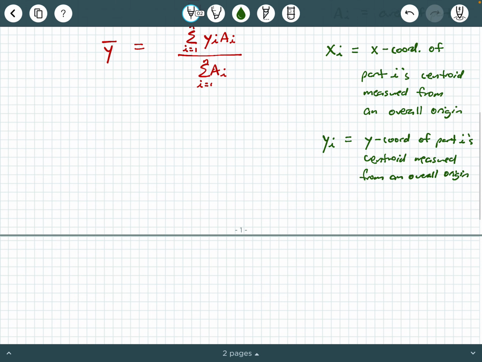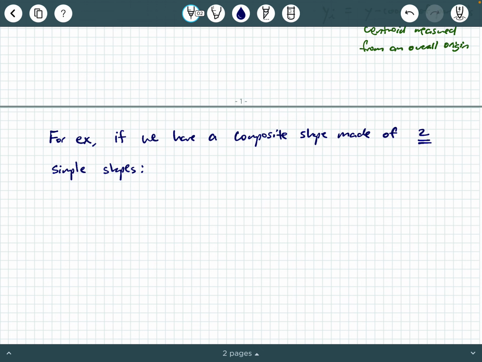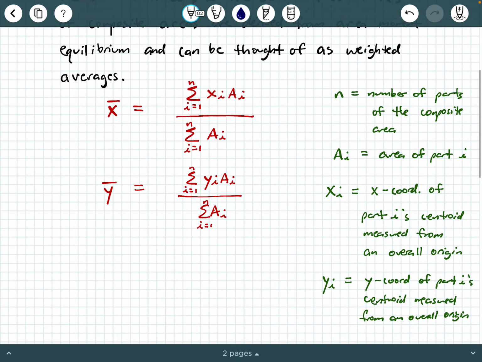We're not going to do a numerical example yet, but I'm going to give you a conceptual example. If we have a composite shape made of two simple shapes, what would our formulas be for x bar and y bar? Well, what we would do is take these bulky summation equations and break them down into their multiple parts.